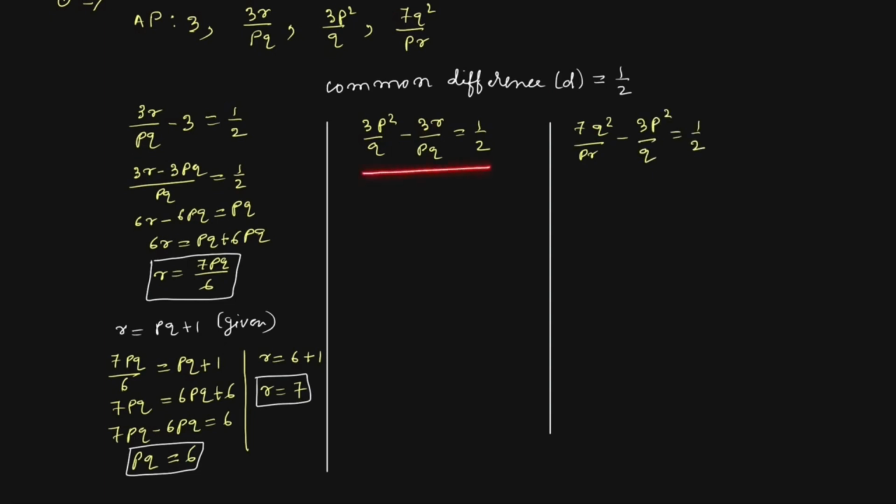Now here we know that the value of r is equal to 7, and the value of pq is equal to 6.